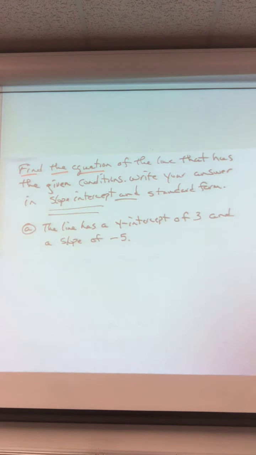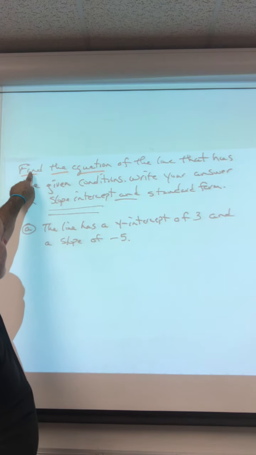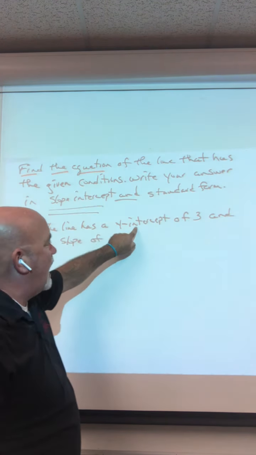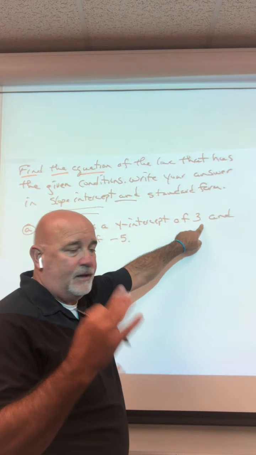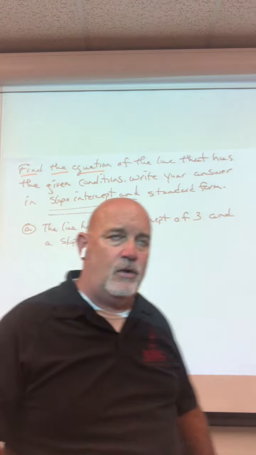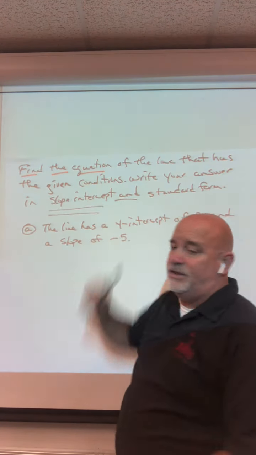Pause the video now and copy this. Okay, I'm assuming you paused the video. All right, here's what we're looking for. We're finding the equation of the line that has a y-intercept of 3 and a slope of -5. Now, what two things do we have to know to find the equation?